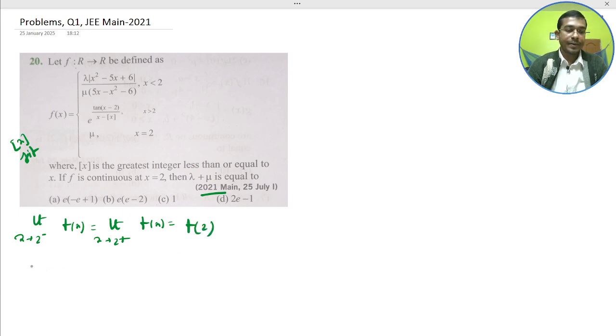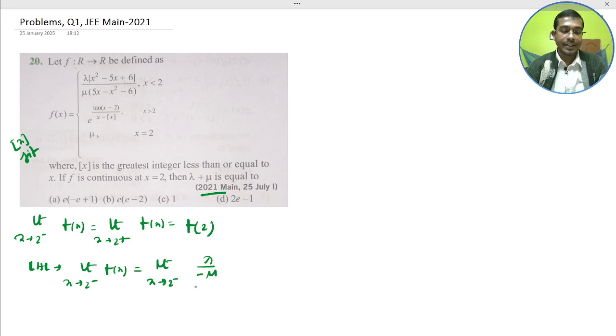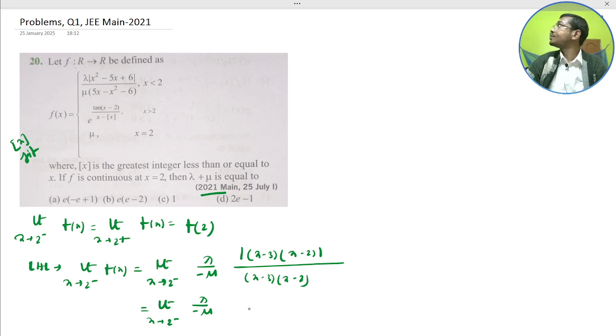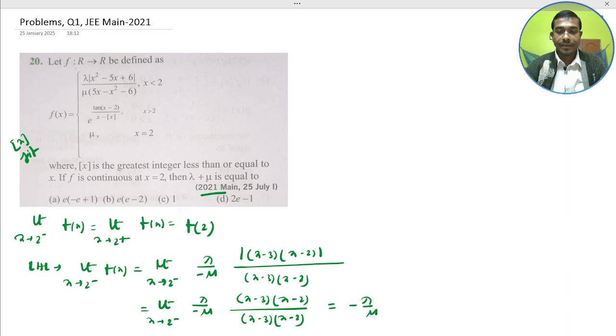So the left hand limit: limit as x tends to 2 minus of f(x) equals lambda by minus mu, since near 2 minus the numerator is negative, (x minus 3)(x minus 2) divided by (x minus 3)(x minus 2), which equals minus lambda by mu.